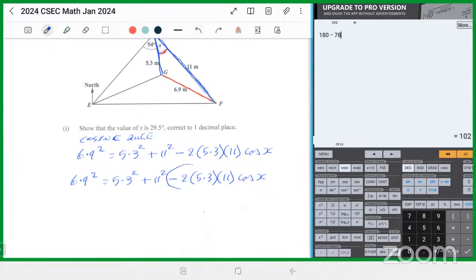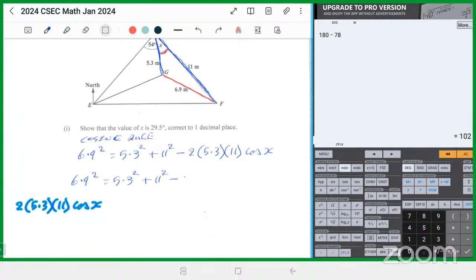Over here it is negative, so I'm going to transpose all of it onto the right side and make it positive. And then this term, which is on the right side and positive, I'm going to transpose onto the other side and make it negative.